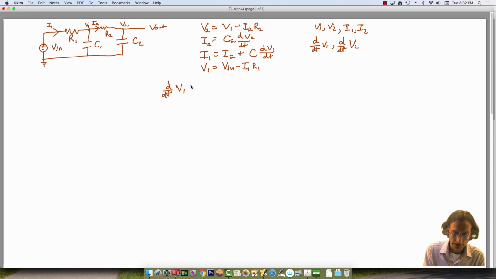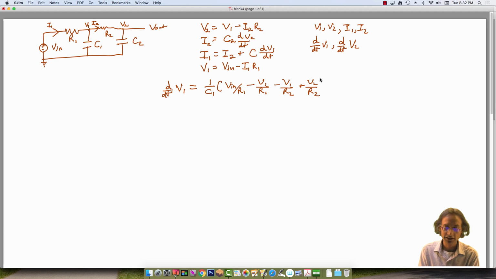So d by dt of V1, we know, equals 1 over C1 times V in over R1 minus V1 over R1 minus V1 over R2 plus V2 over R2.